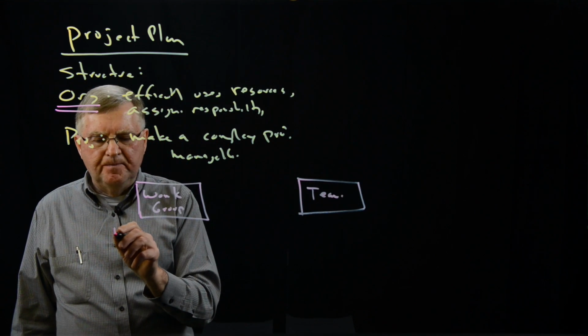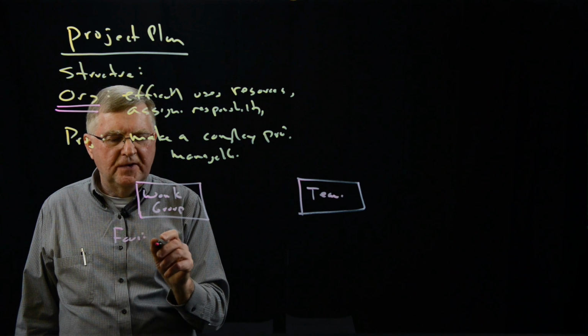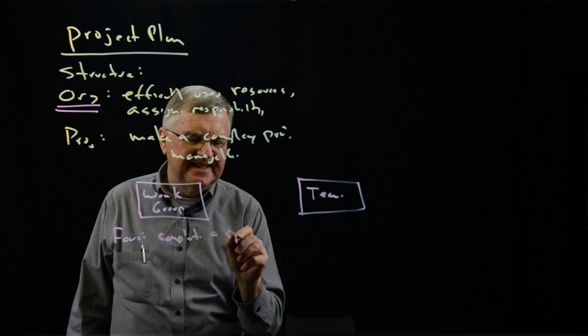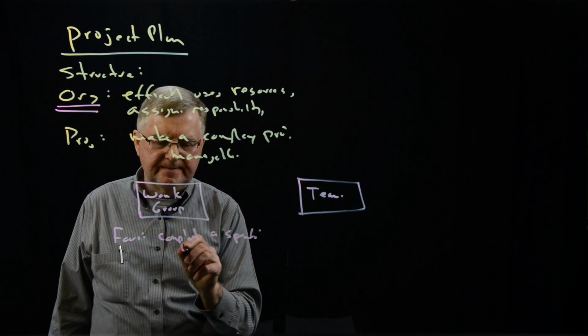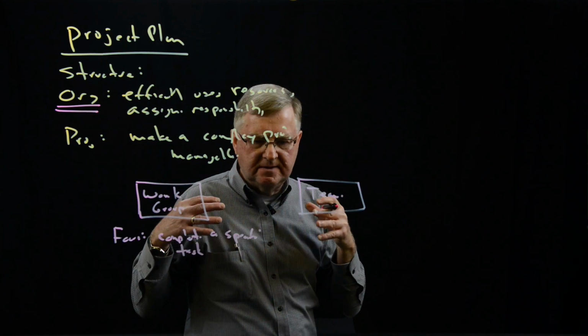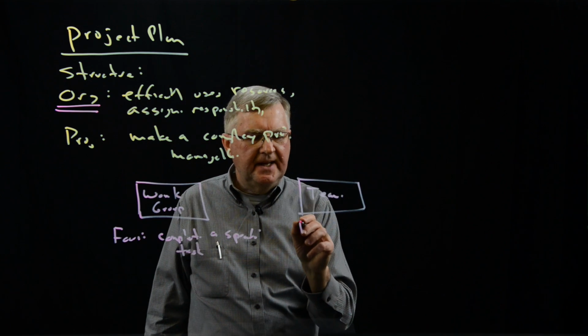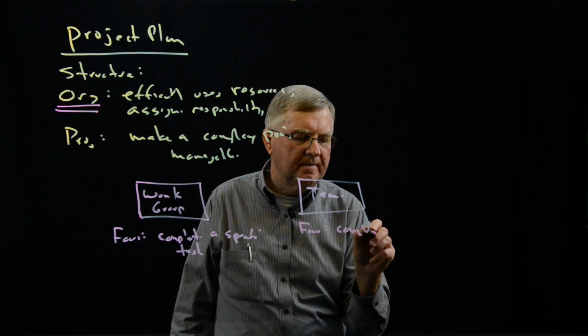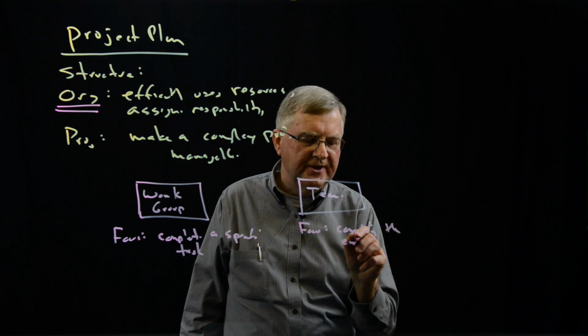In the work group, the focus is on completing a specific task, one thing that needs to be done. In a team, the focus is on completing the entire project.